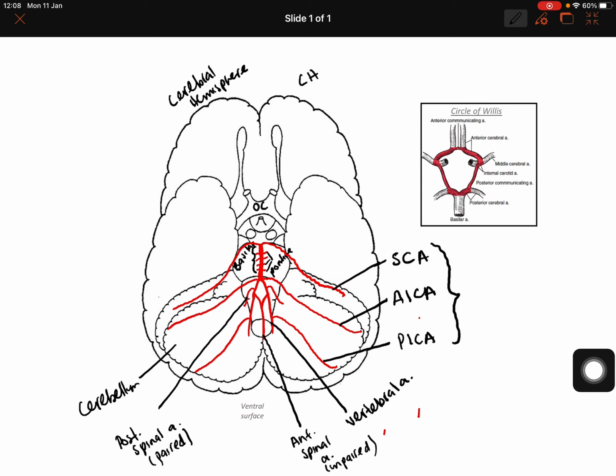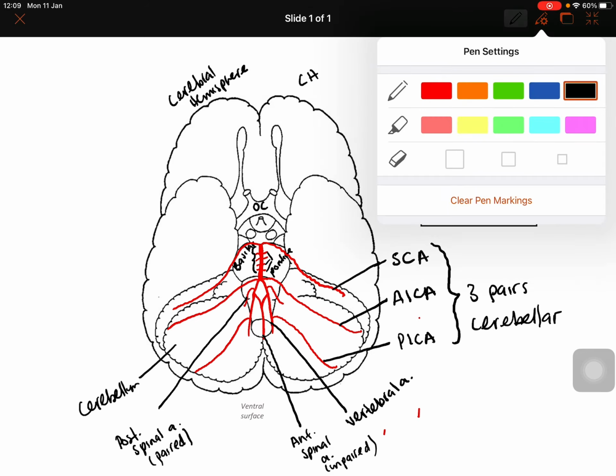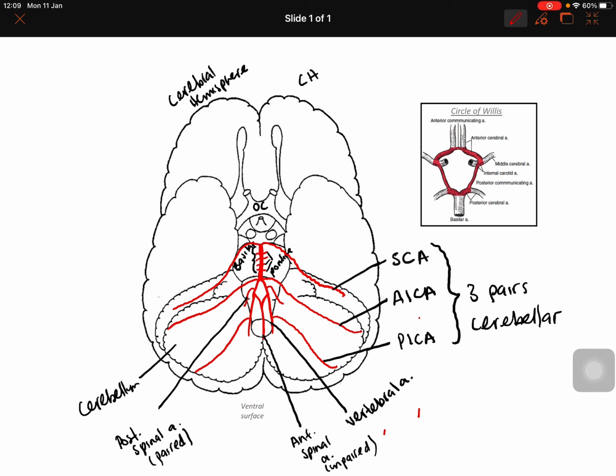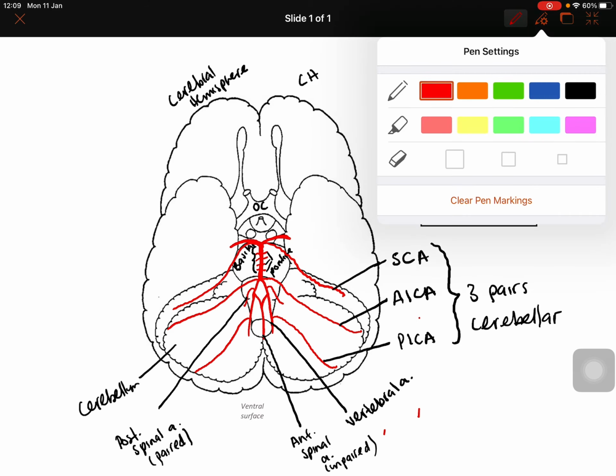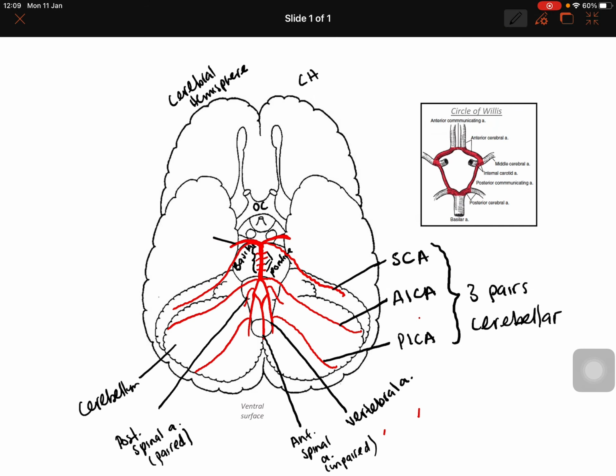We can appreciate that we have 3 pairs of cerebellar arteries, all coming from the vertebrobasilar system. The terminal branches of this system are what we call the posterior cerebral arteries, PCA for short. Again, they're paired, one on each side.